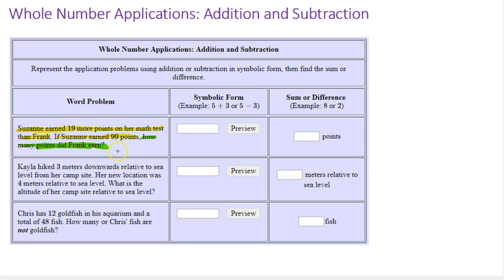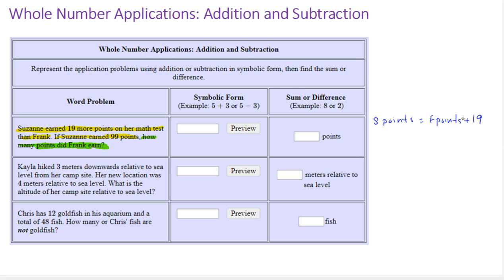It may be tempting to add them, but let's think about this. So this means that we'll use S for Suzanne. Suzanne's points equals Frank's points plus 19. Okay, so if you take how many points Frank earned, add on 19, that's how many Suzanne earned.